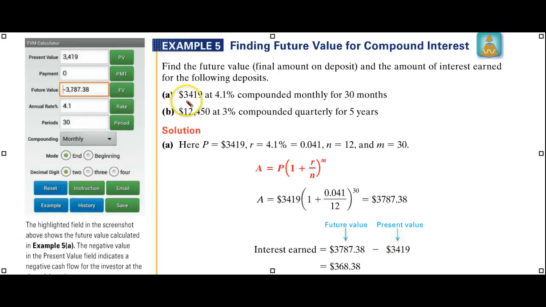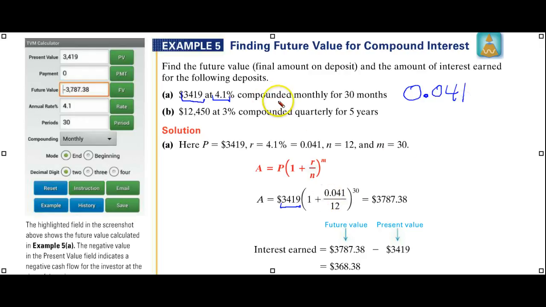Now, we don't know A, but we do know the principal. This is the principal that we're going to put right there. And then the 1 is from the formula, plus. Now, our rate is 4.1%, which we convert to 0.041. That's what we're going to put right there.